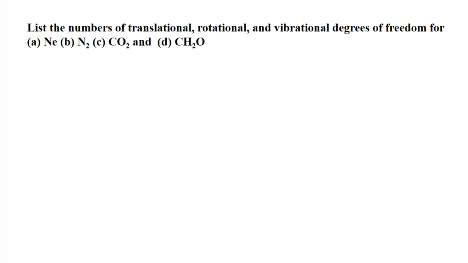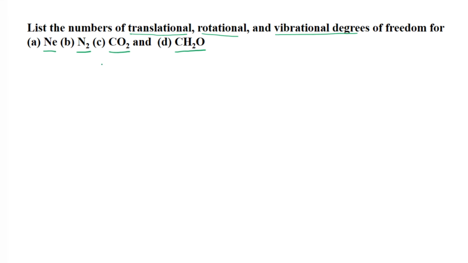So, here we have the first problem. It says list the number of translational, rotational and vibrational degrees of freedom for 4 cases: one is neon, second is nitrogen, third is CO2 and fourth is CH2O, which is formaldehyde. So, let us try to make a table.